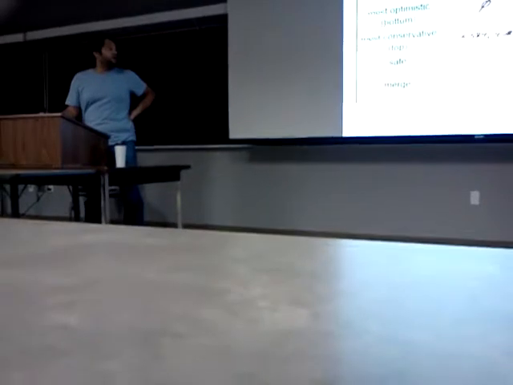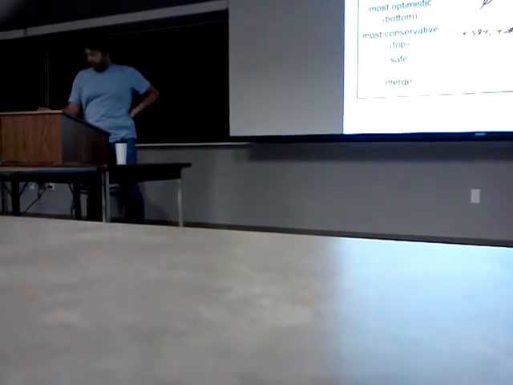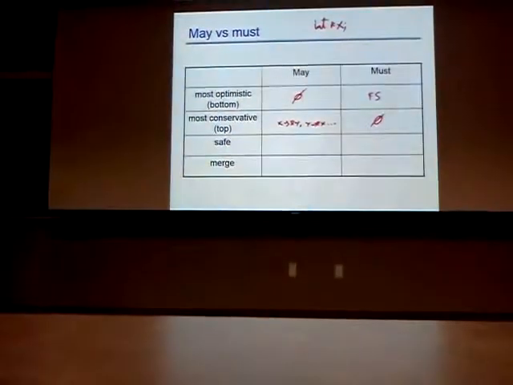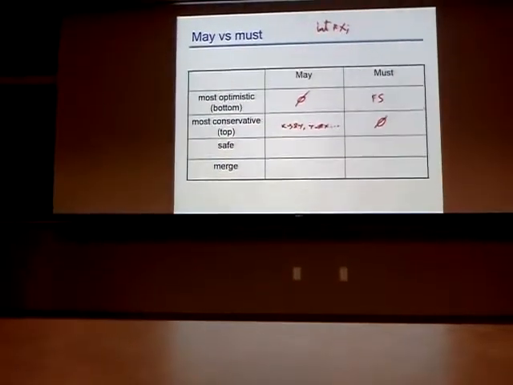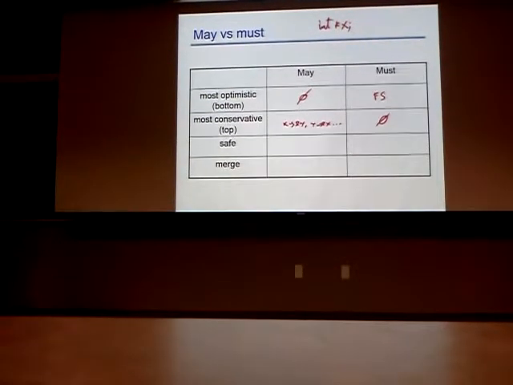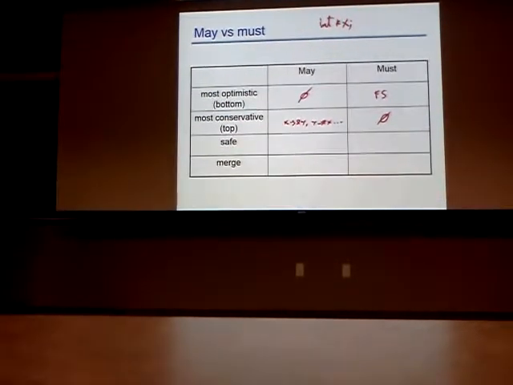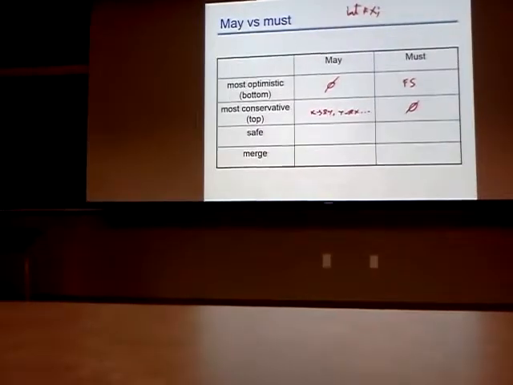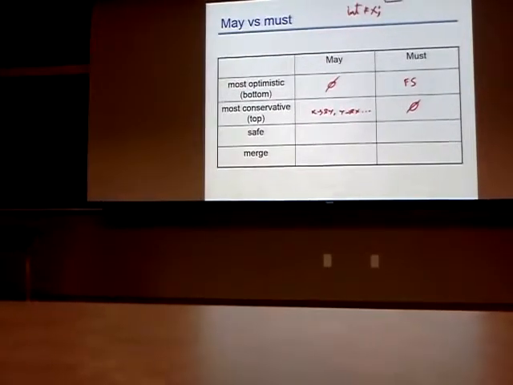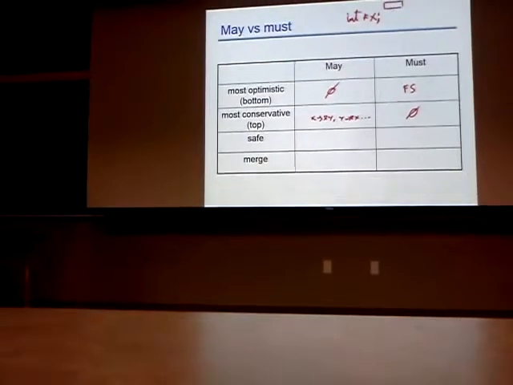If we run our analysis, I mean, it depends on what you start off with. We have some information at the beginning of the program. Well, what are we going to say the information is here?